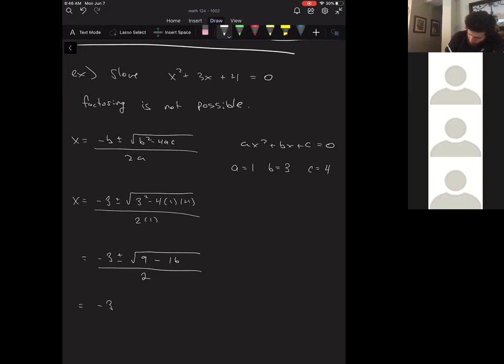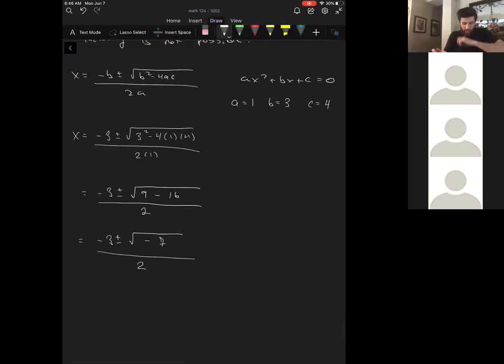Now minus 3 plus minus. So we have 9 minus 16, which is minus 7. So now we have minus 7 in there.